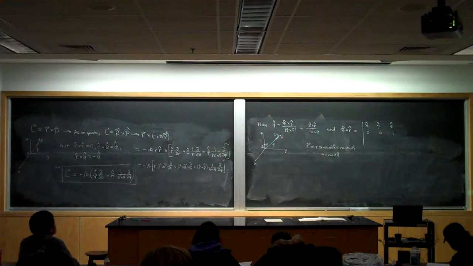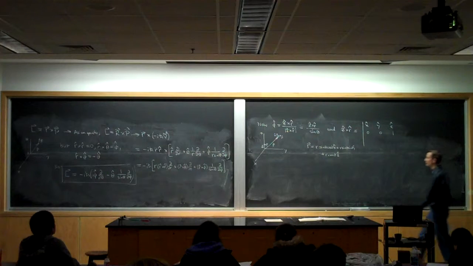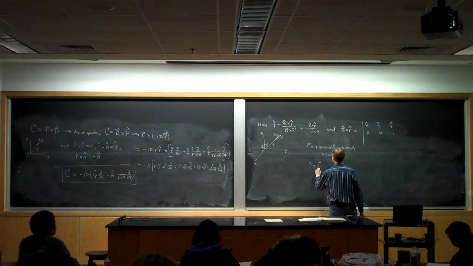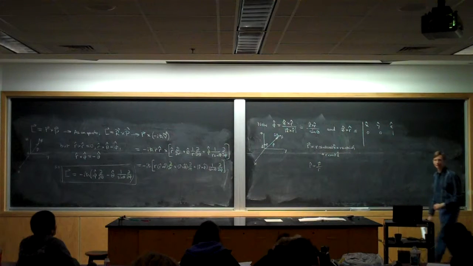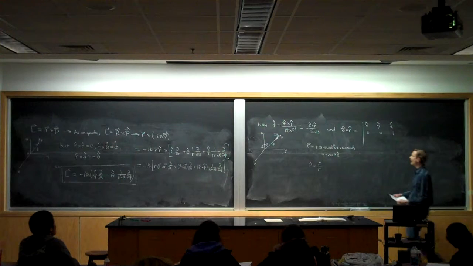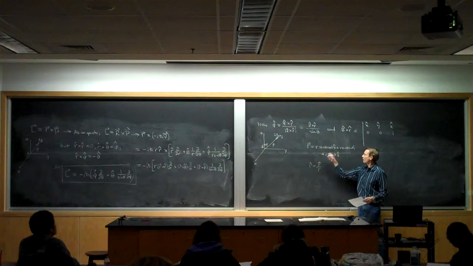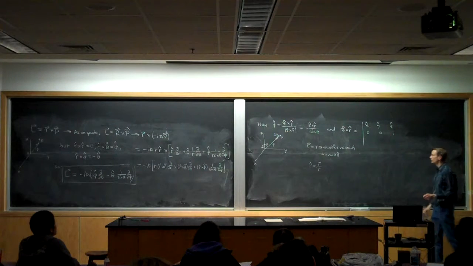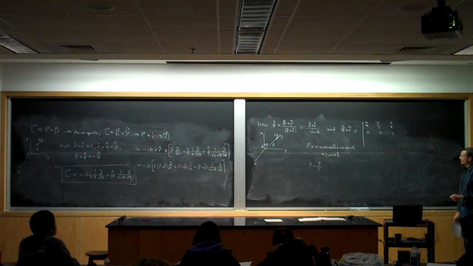Those are the components of vector r. So what are the components of unit vector r hat? Well, it's vector r divided by its own magnitude. r hat is vector r divided by the length of r. So the components of r hat are just the same thing, but you take the r's off. Its components are sine theta cos phi x hat, sine theta sine phi y hat, cos theta z hat.